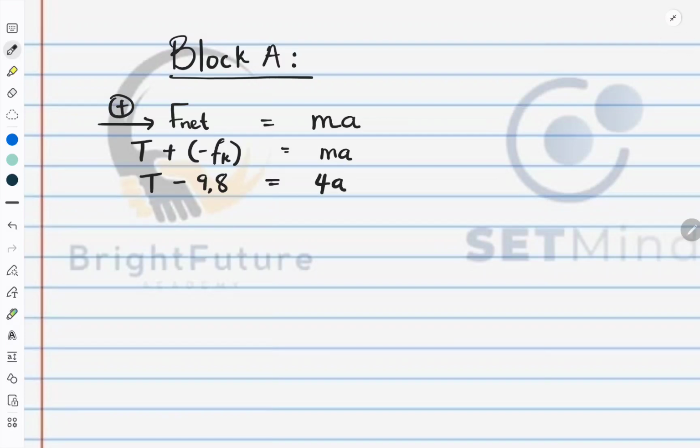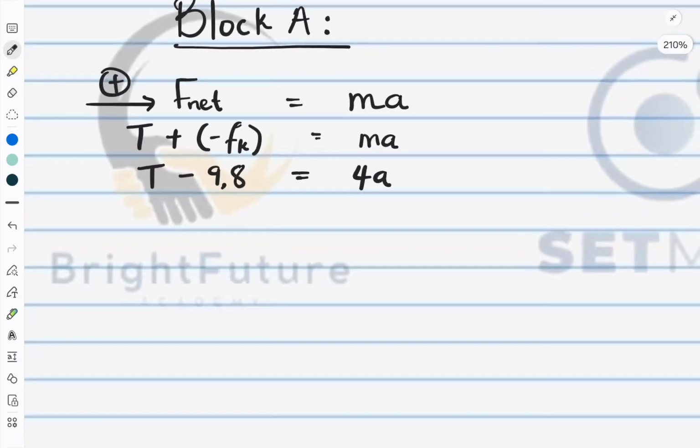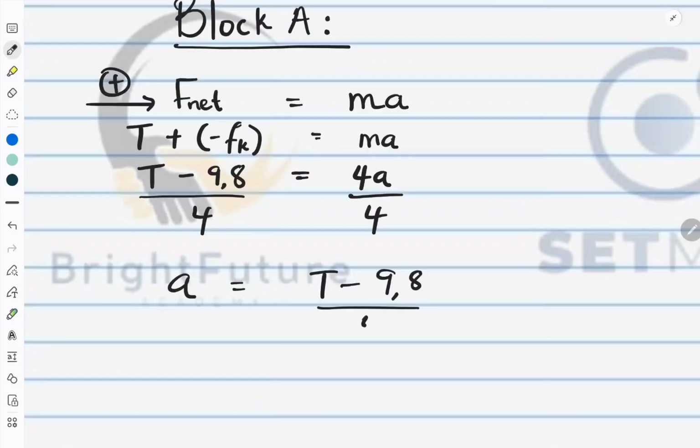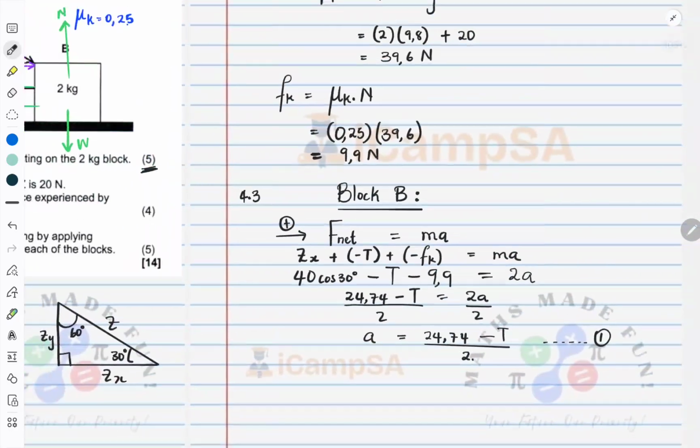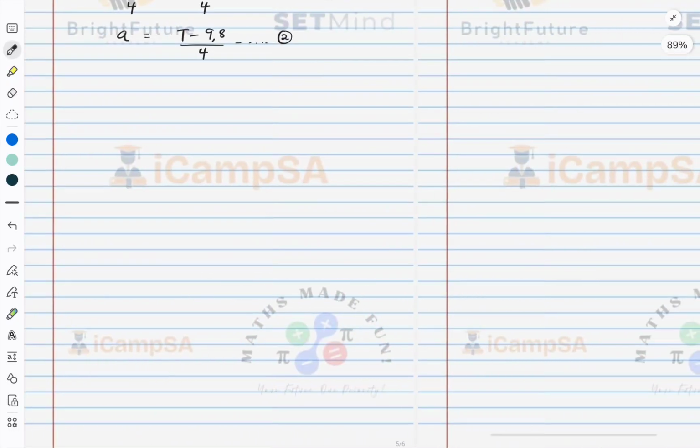From here, you can easily say divide by 4, then you have A being T minus 9.8 over 4. These fractions shouldn't scare you. You are doing maths. So when you see a fraction like this, you should know that it's not an issue. I will solve for it.